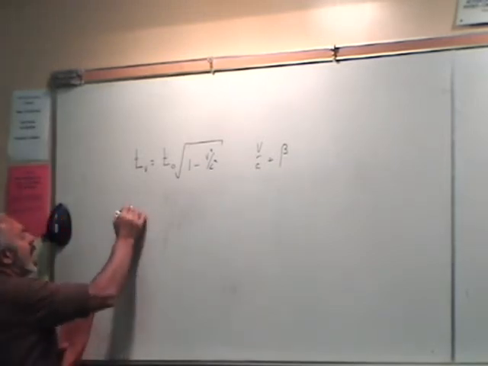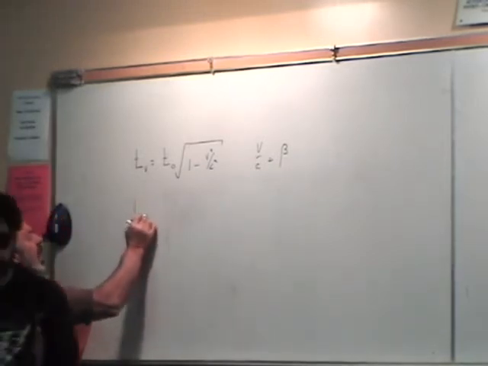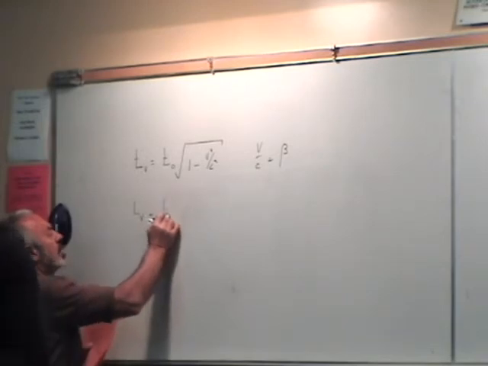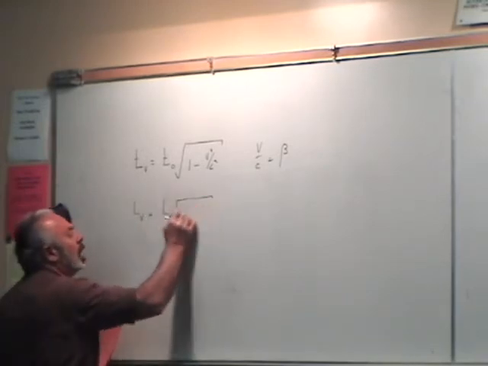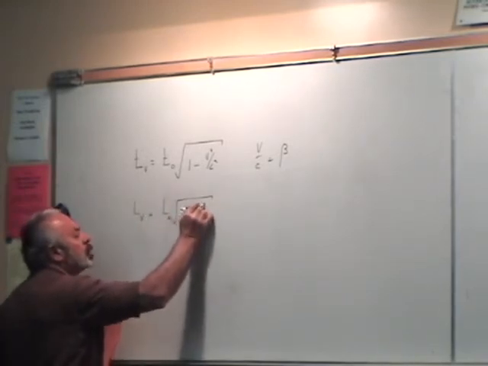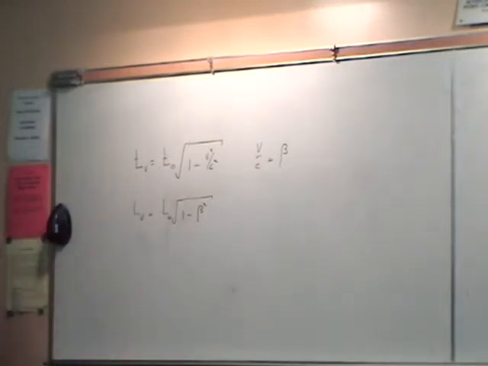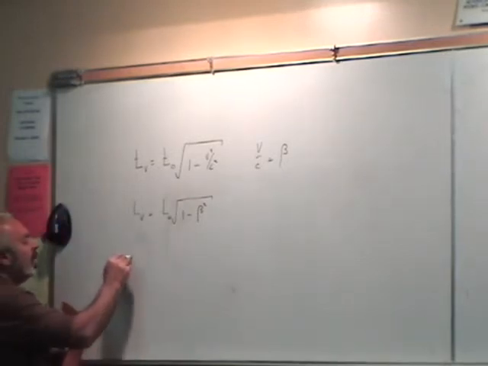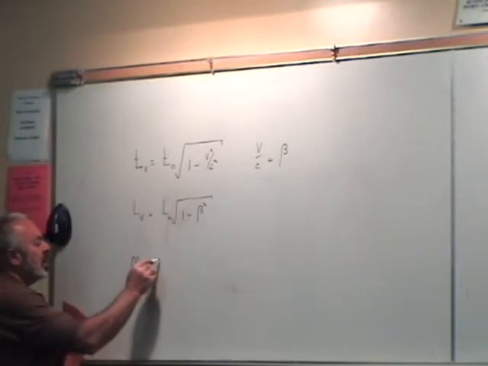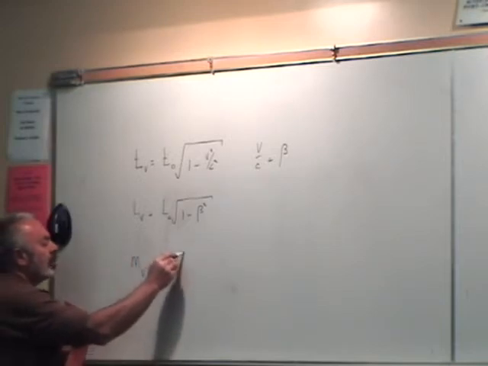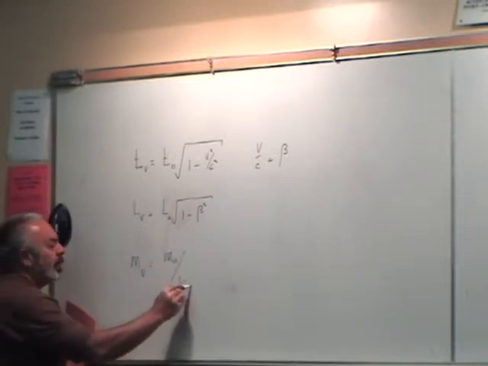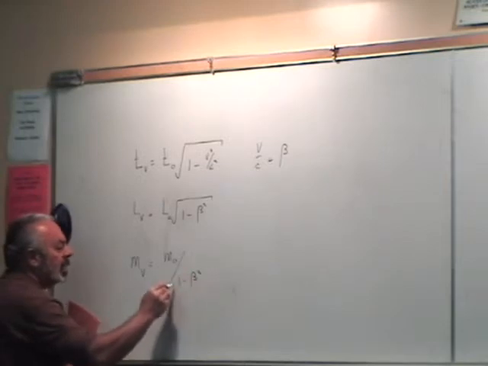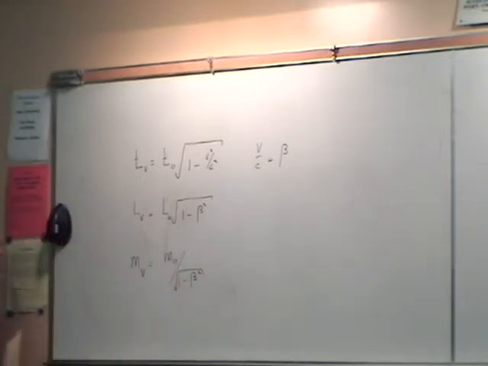I will now use that when we measure length: length at a velocity is equal to length at rest times the root of 1 minus beta squared. And finally, we briefly mentioned, I believe, that mass at a velocity is equal to mass at rest divided by the square root of 1 minus beta squared.